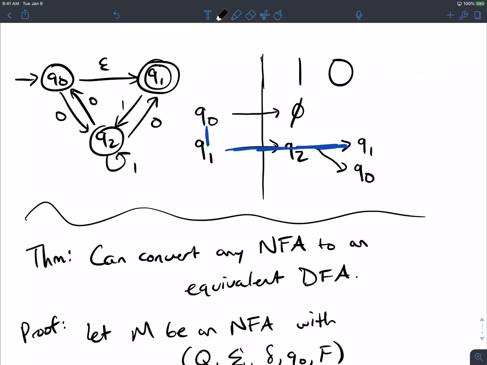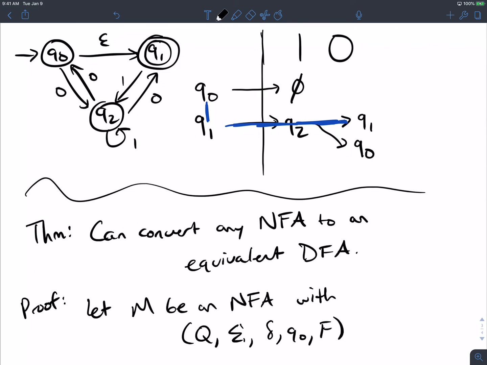Well, at this point, the one before we read anything, what is the set of states that I can reach before I've read anything? What is the set of states I can go to without reading a single anything? Just Q0 and Q1. So those are the states I can reach right here.